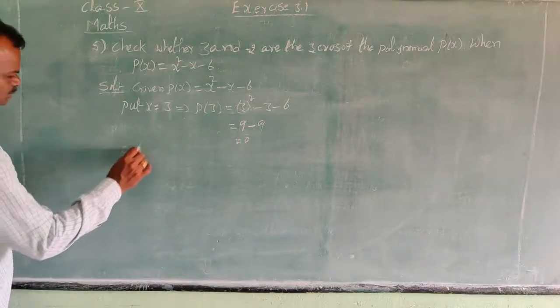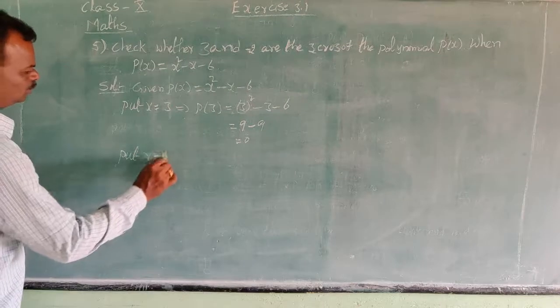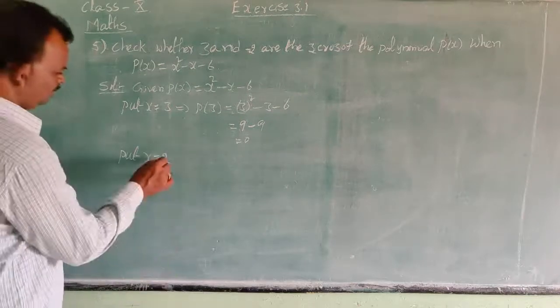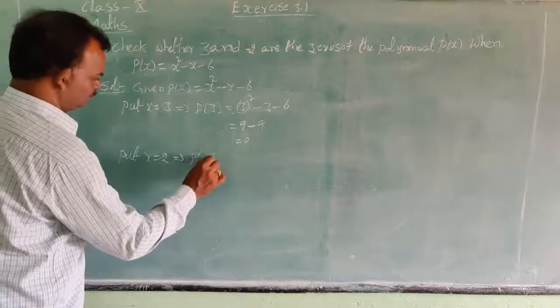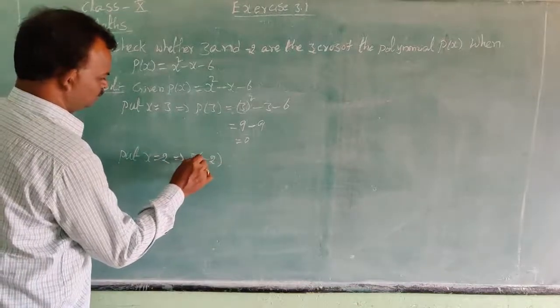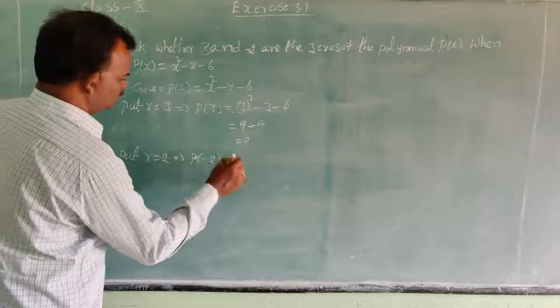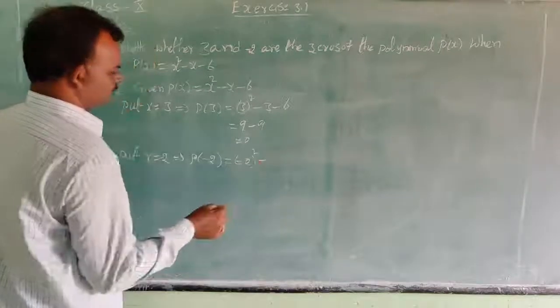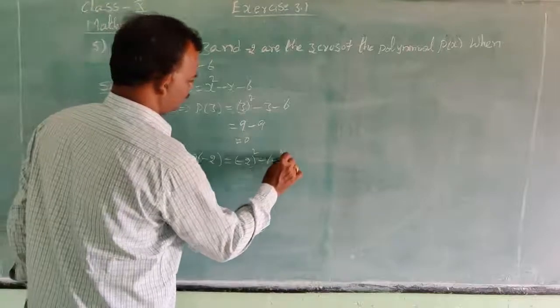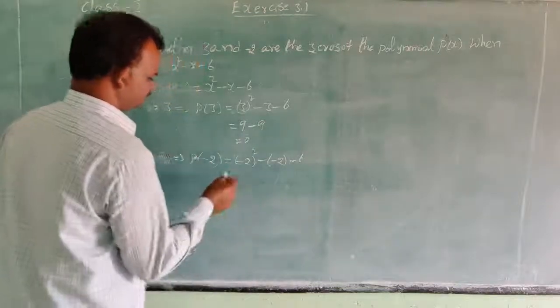And the next one is put x is equal to minus 2. That implies p of minus 2 is equal to minus 2 whole square minus of minus 2 minus 6.